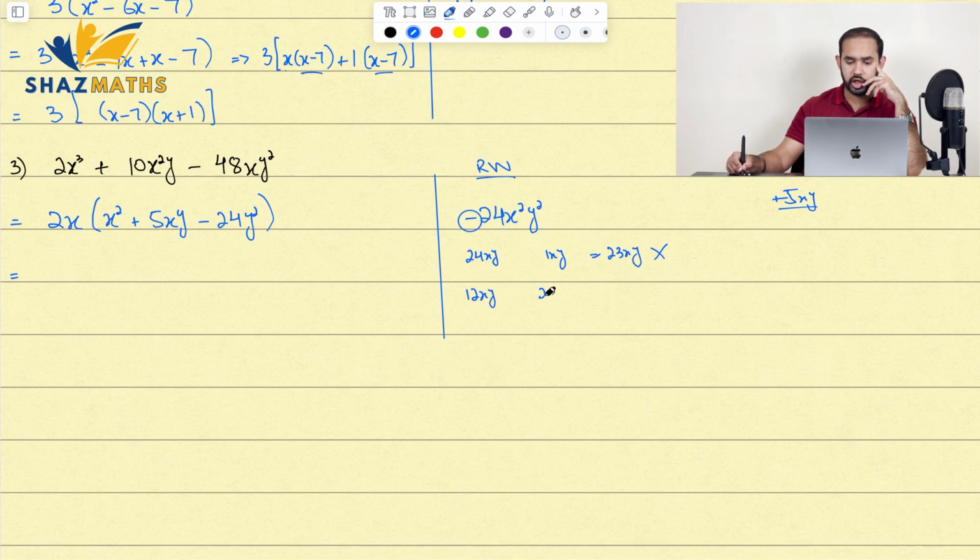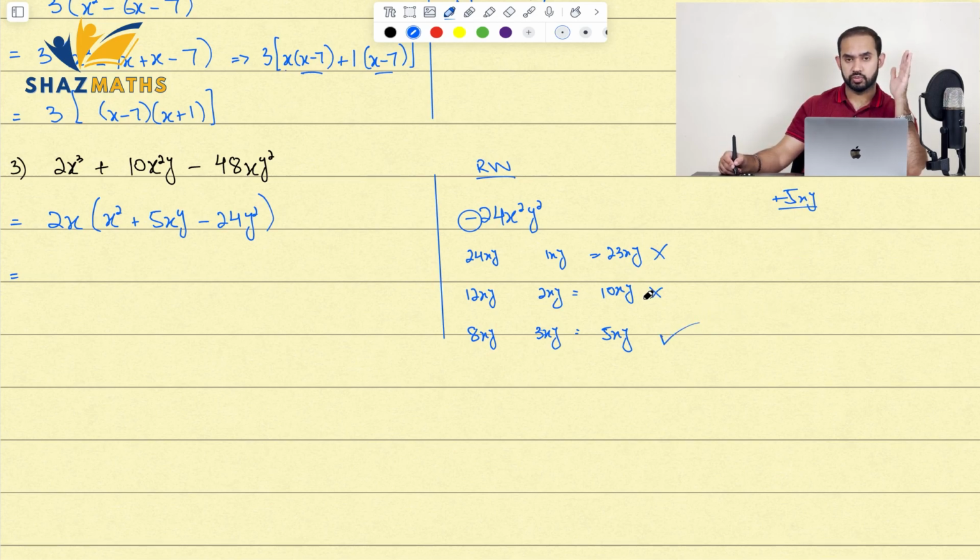Again, if I subtract these two, I'm going to get 10xy. So these are not the factors. The next factors are 3 and 8. So 8xy and 3xy. If I subtract these two, I basically get 5xy, and I need 5xy as well. That means these are the correct factors.